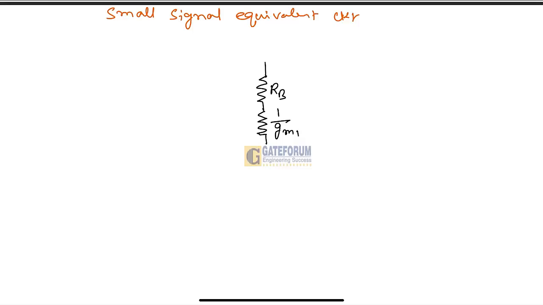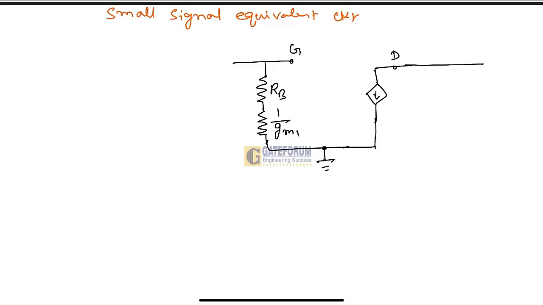Now here is the gate terminal for the M2 transistor, and this is the dependent current source for M2 and its source. The sources of M1 and M2 are both at ground, so we can take it here as a common ground. And this is the drain of the M2 transistor.